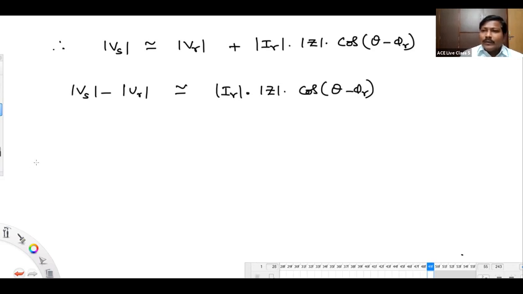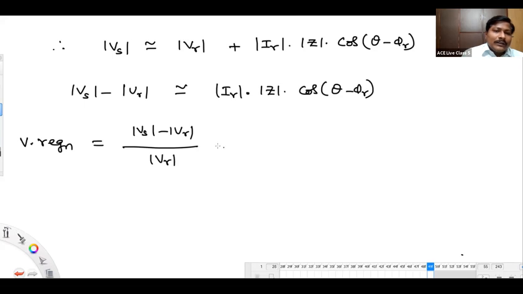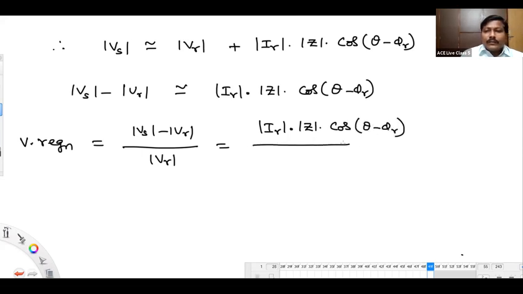Now you can move to the voltage regulation equation. For a short transmission line, we have written voltage regulation as mod Vs minus mod Vr by mod Vr. It will come as mod IR mod Z cos of theta minus phi r by mod Vr.